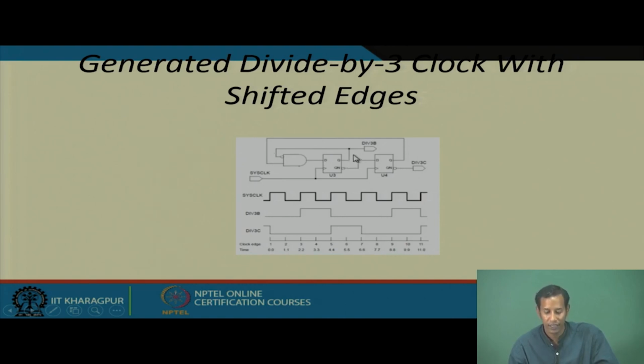From this particular block's output you will get the divide by 3, and from the corresponding q bar output you will get a shifted version of the clock signal you get from this shift register 1, or the flip flop 1. Okay.